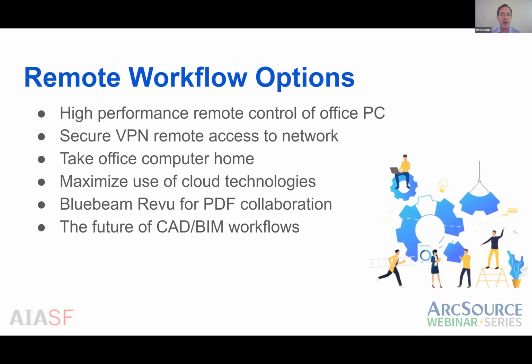And we'll talk through that. Another one is that we're using a lot of VPN to do remote access to the office to get files and connect to machines and servers in the office. And the third common one we're seeing is a lot of our clients have had some or all of their employees and staff take computers home. And there are pluses and minuses to each of these workflows that we're going to talk through, especially in light of CAD BIM stuff.